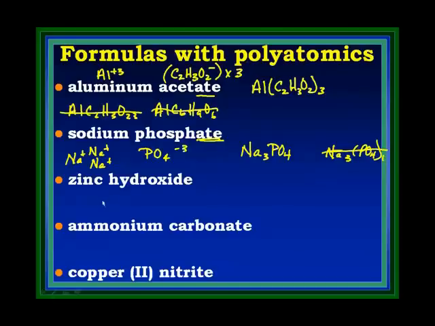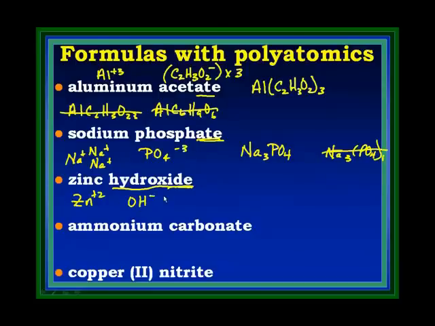Okay, next one up, zinc hydroxide. Zinc is in the transition metals, but zinc is one of those ones that always has a +2 charge. So you need to remember that. And then I've got hydroxide. Now it has that ide ending, which would make you think it's just an element, but there's no hydroxygen element on the periodic table. Hydroxide's one of those exceptions.